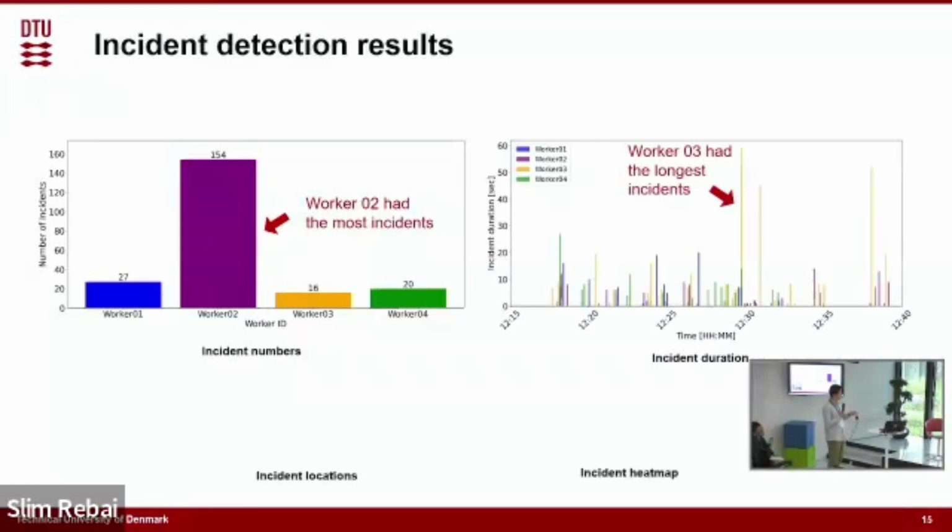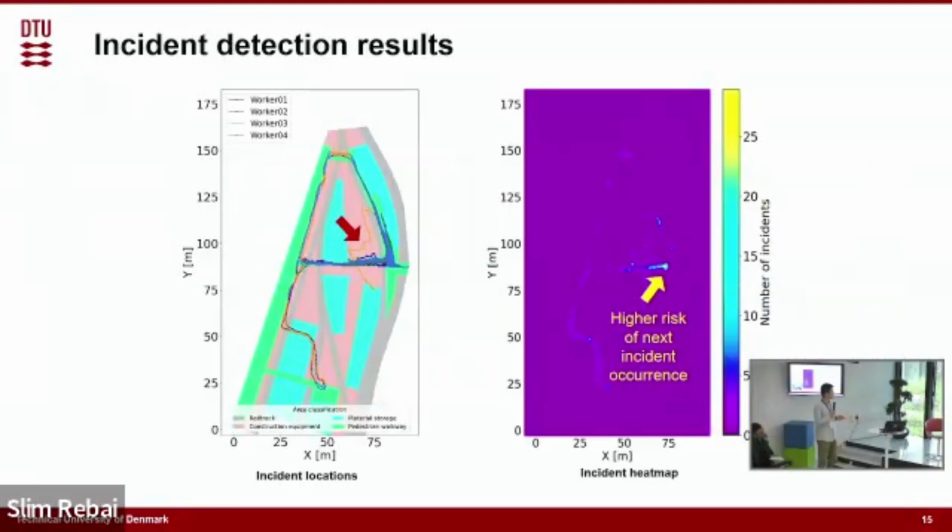Then we look into the incident locations. From the left image, we can clearly see Walker 3 significantly violates the safety regulations by walking into the machinery zone.